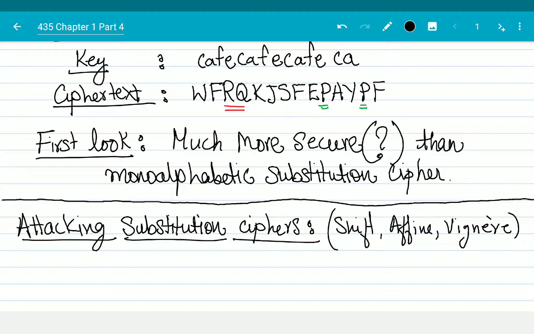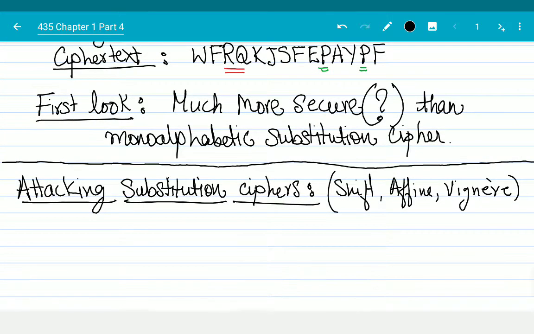So for the shift cipher, we said that an improved method of attack is by looking at letter frequency.